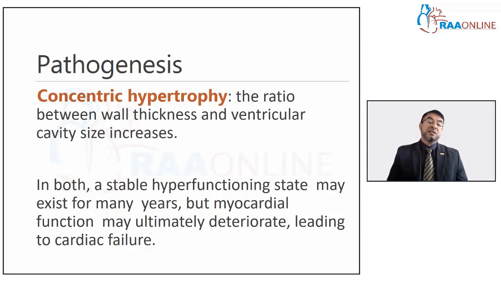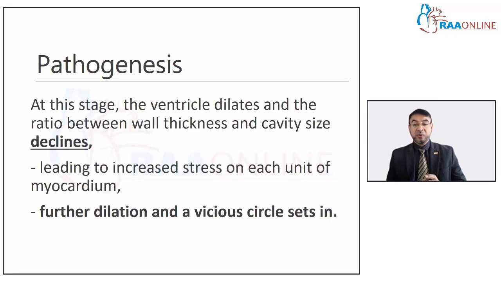Now, either in concentric hypertrophy or in eccentric hypertrophy, in the early few years when a person suffers from this disease, it is in a sort of a stable state, even though it is hyperfunctioning. But gradually, the myocardial function deteriorates, and that can lead to a heart failure. And now, at the stage when the myocardial function begins to deteriorate, the ventricle dilates.